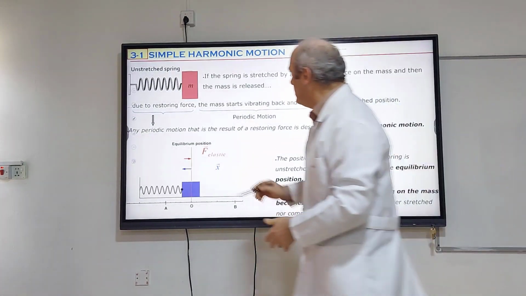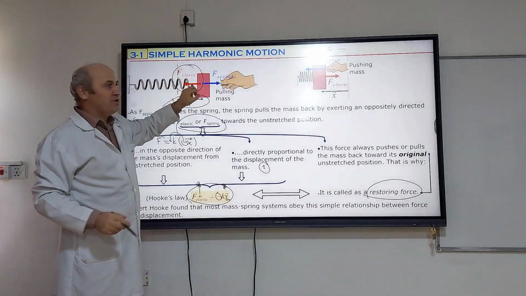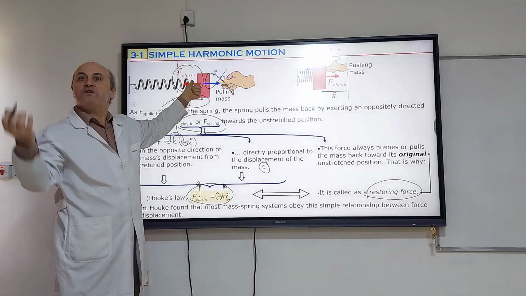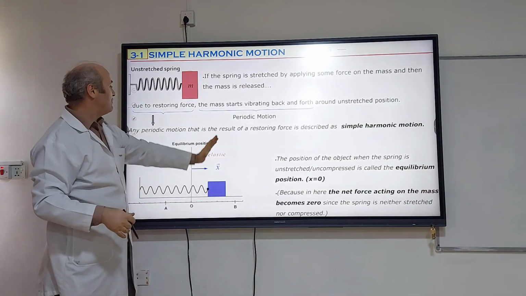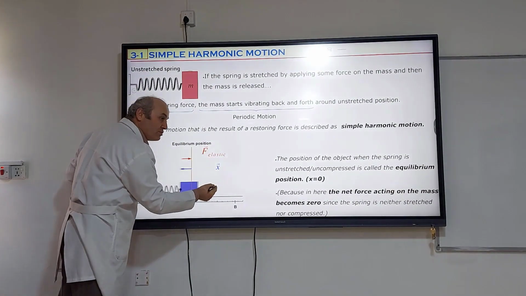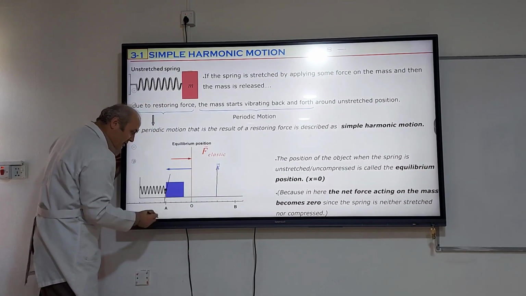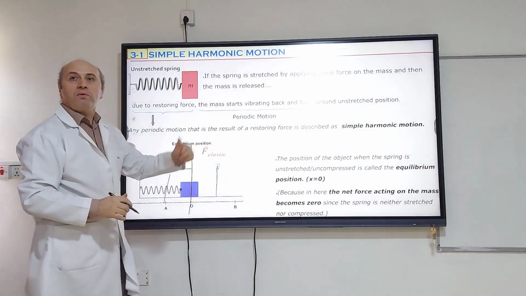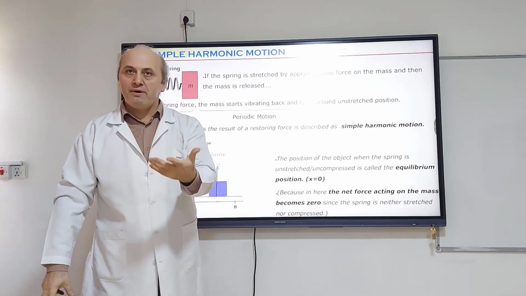What is that force? The elastic force is left. Only the elastic force will be acting on this mass, and this elastic force will make the mass vibrate between two extreme points, between here and here, around this unstretched position. This vibration is called simple harmonic motion.